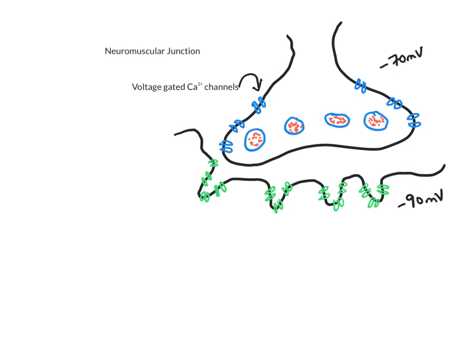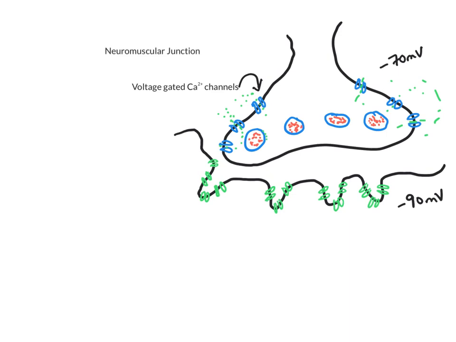And once these channels open, that's going to allow calcium that is sitting outside to move inside, okay? So calcium is going to come into this area through these channels. There's a lot of these channels, so calcium can flood in from the outside. It's normally outside. It's going to come to the inside, and this calcium is going to cause these synaptic vesicles to release their contents.